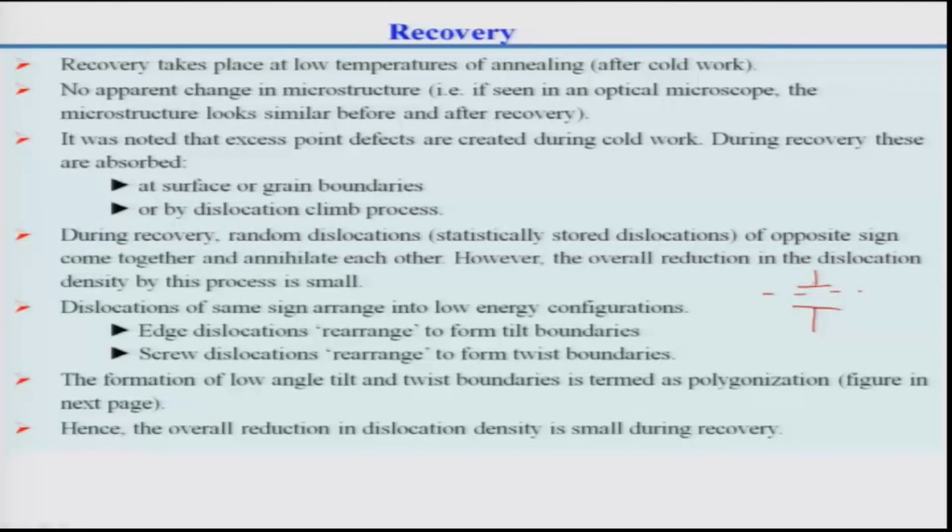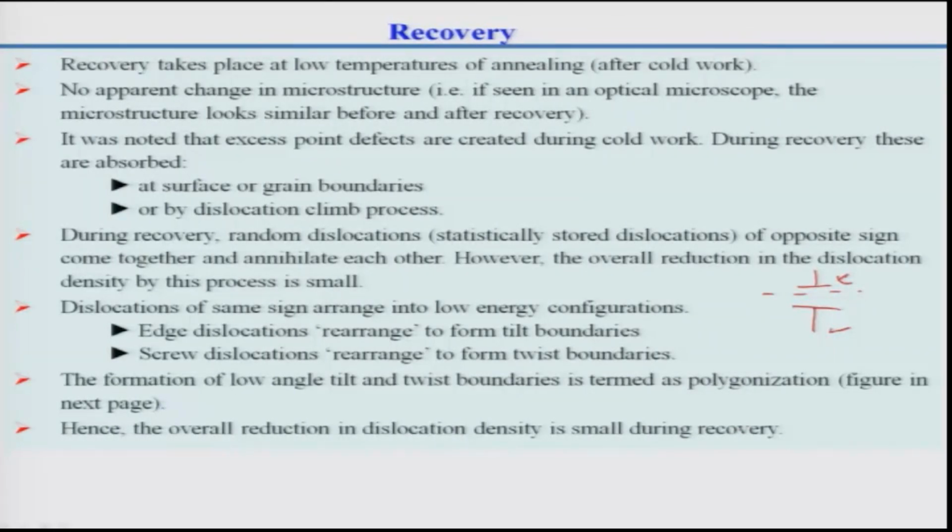The top one shown here has one extra row of atoms coming from top to bottom. This one has one extra row of atoms coming from the bottom. So when they come together, both the extra rows of atoms match and the dislocation is annihilated. But the overall reduction in dislocation density is very small, although they get removed.